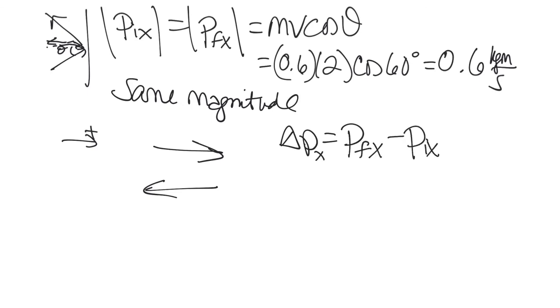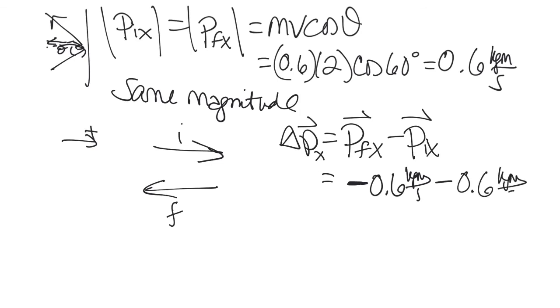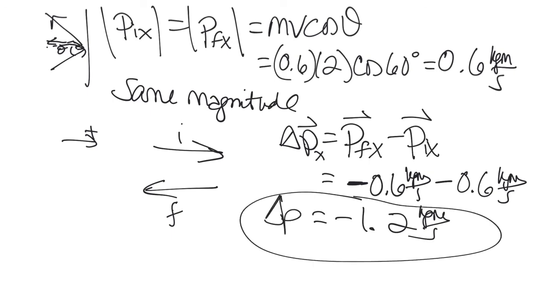So final minus initial, let's slap our vector signs on there. Our final is this way, so it's negative 0.6 kilogram meter per second, minus, and this is initial, so it's actually positive. So we get negative 1.2 kilogram meters per second for our change in momentum.